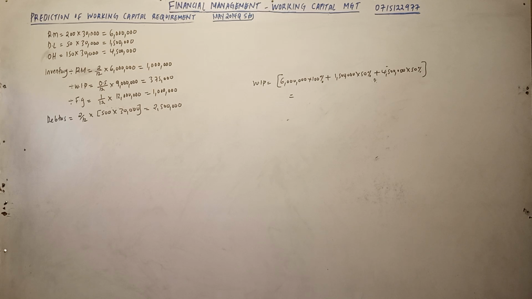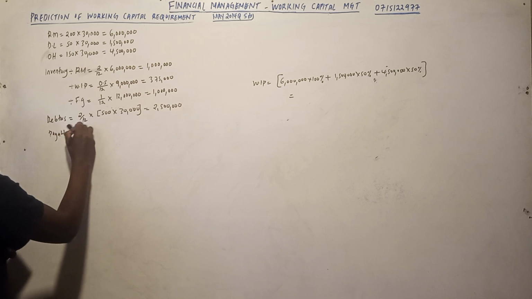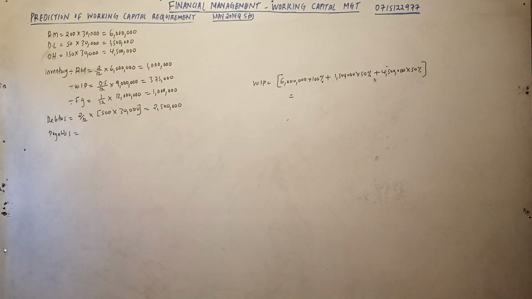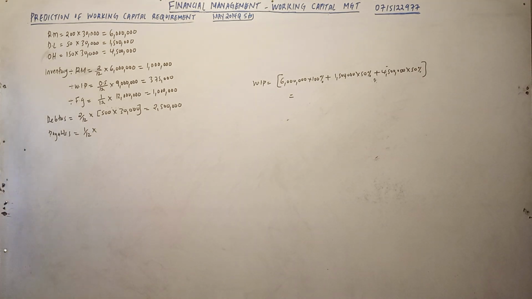Haya. Another thing that we need is payables. Payables wanatuambia suppliers wanna take 1 month, so 1 over 12. Now 1 over 12 of what? So suppliers goes with what?